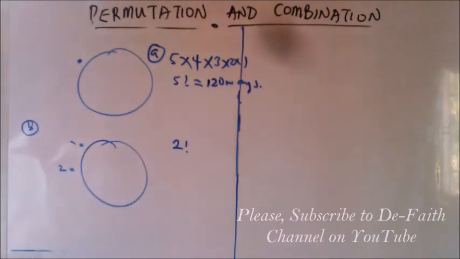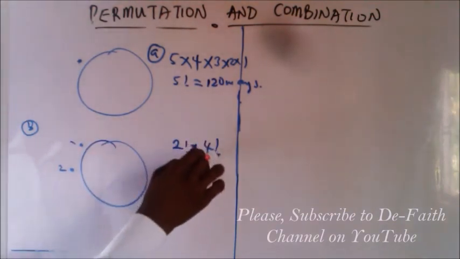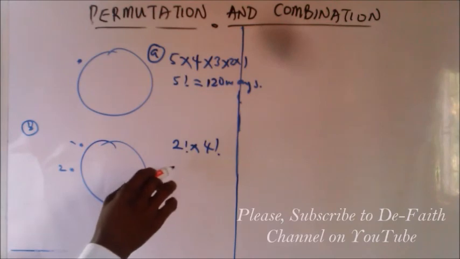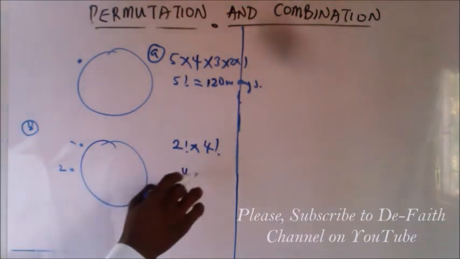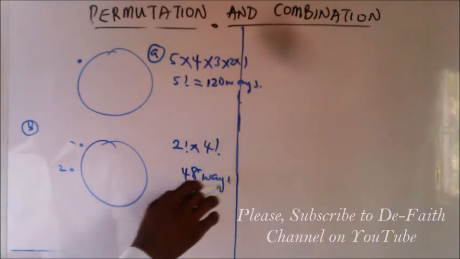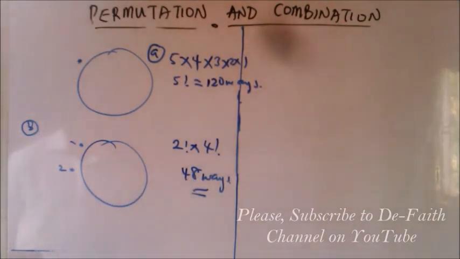So that's more like saying 2 factorial multiplied by, we have 4 people left, and so the 4 people have 4 options left, which is 4 factorial. So the B part will be 2 factorial multiplied by 4 factorial. And so we have 48 ways by which they may sit down if 2 people must sit beside each other.